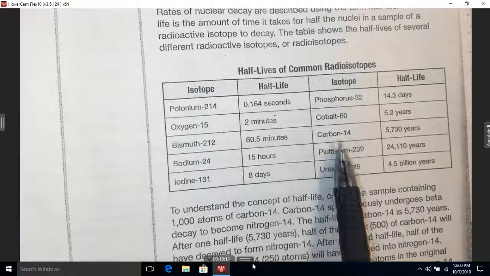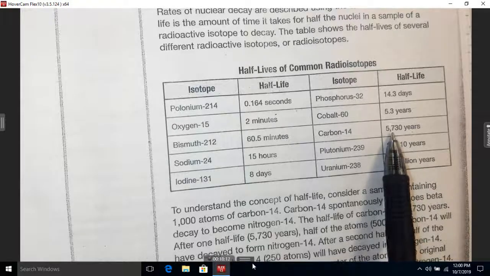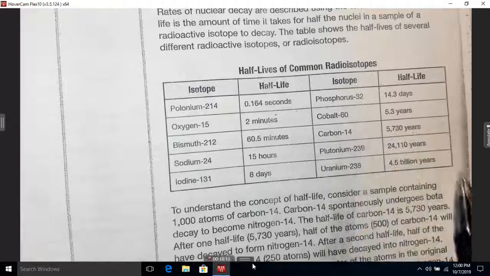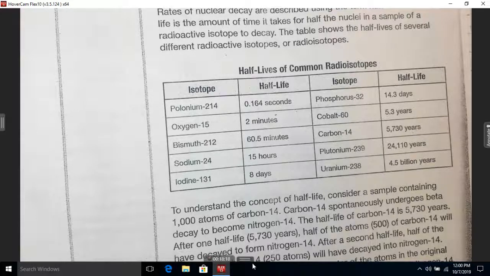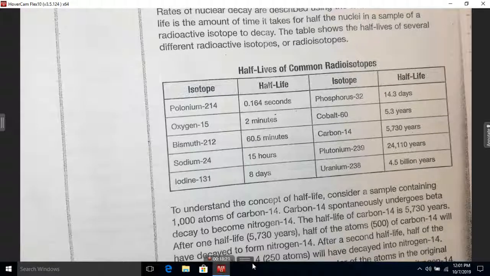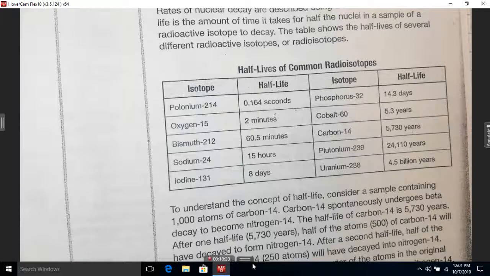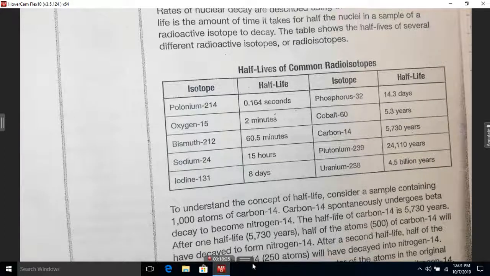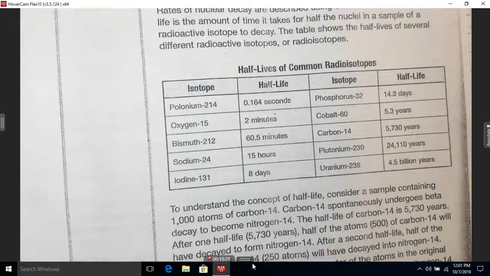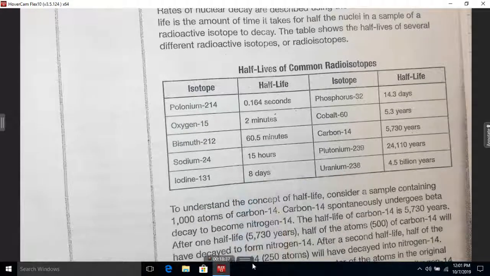What is carbon 14's half-life? It's in your binder. It's the one that y'all had to read. Look, iodine is on there too. These are common ones.